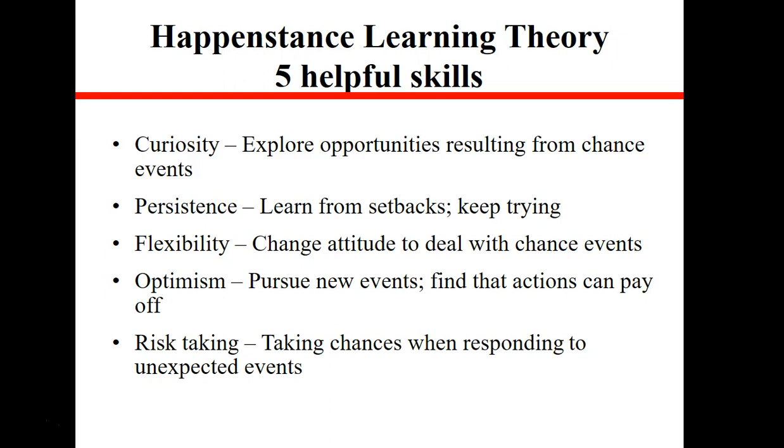Persistence, so learning from setbacks, not getting discouraged, to keep trying. As an example, to keep trying if you're trying to find a job. It can be a very lengthy process to find employment. And so, helping the client to recognize they need to persist, they need to keep working, learn from each experience where they maybe go for a job interview and don't get the job, but keep trying.